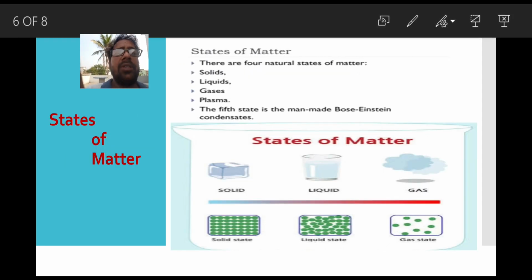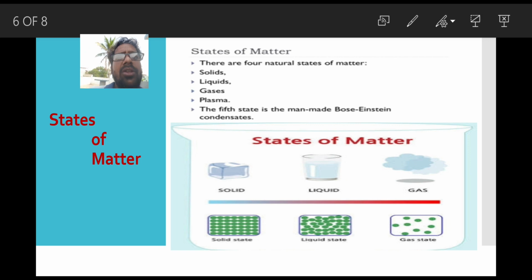Now next, states of matter. There are 5 states of matter: solid, liquid, gas, plasma, and the last one is Bose-Einstein condensate. But in your class we need to know only 3 states of matter: solid, liquid, and gas.